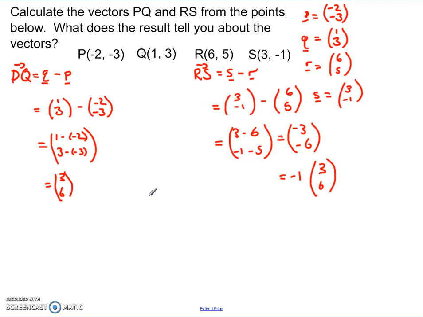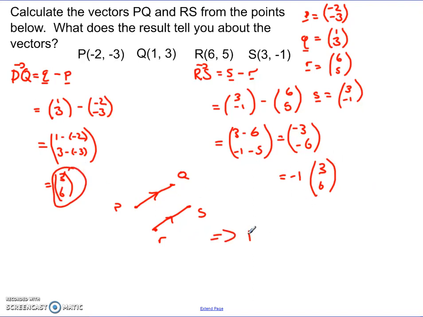Now looking at the two of these, if you can imagine we plot the points, so P, Q, R and S. So I've got my P there, my Q, my R and my S. What that tells me is the PQ vector goes there, and my R to S vector looks like that as well, but it's in the negative direction, so it'll be down. What this tells me is that the two vectors are parallel. They've got the same base vector of (3, 6). They're just multiples of each other.